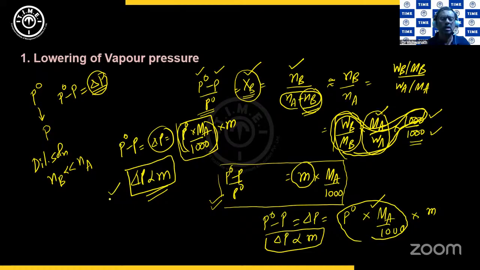So this is a summary of all the things we did here. This is coming from Raoult's law. We have applied Raoult's law for a situation where there is a solvent to which a non-volatile solute is added. So the entire solution's vapor pressure falls, and that fall depends on the molality here.